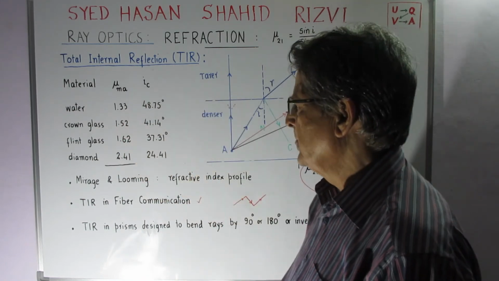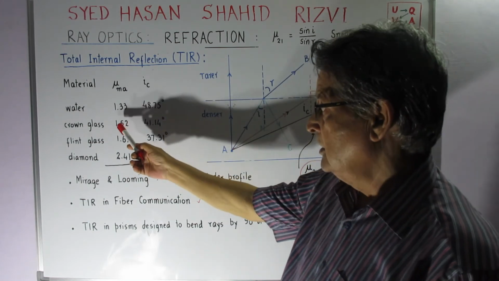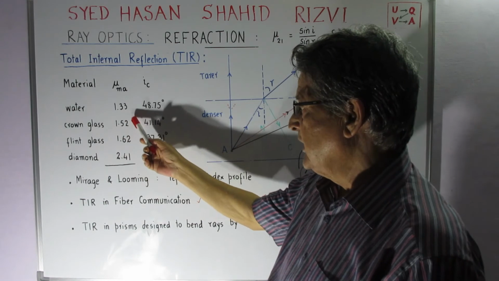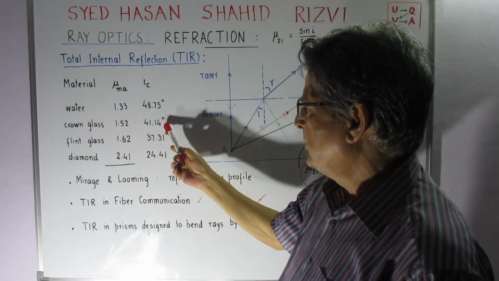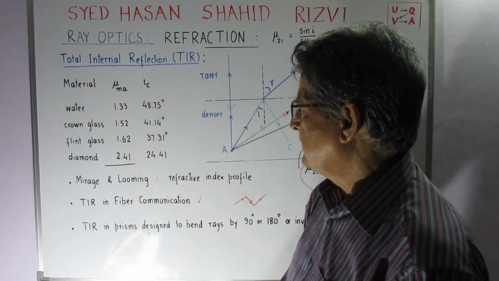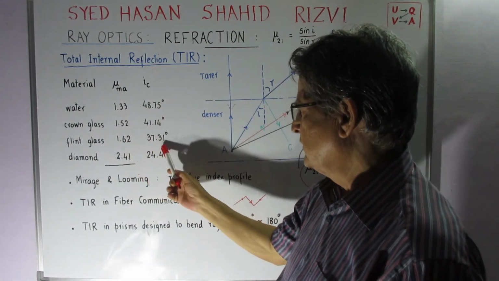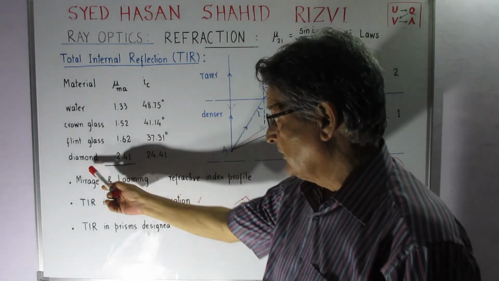Ground glass, which is without lead, or low refractive index glass, is 1.52, and the corresponding value here is 41.14, here it is 48.75, 1.62, 37.31, and 2.41 in the case of diamond.